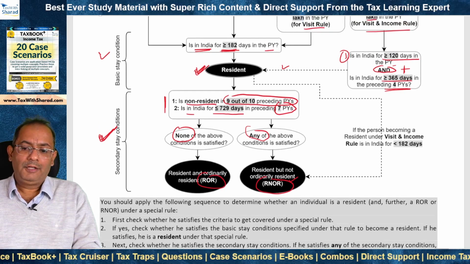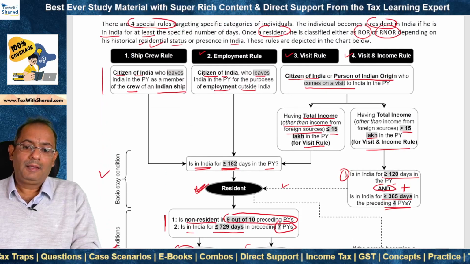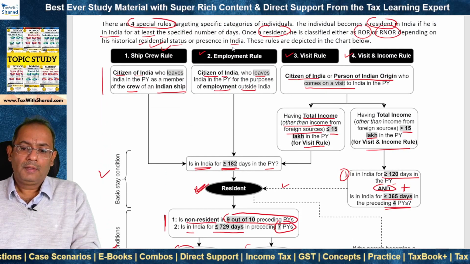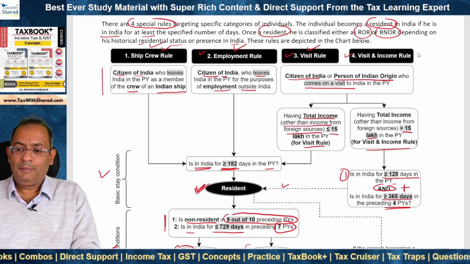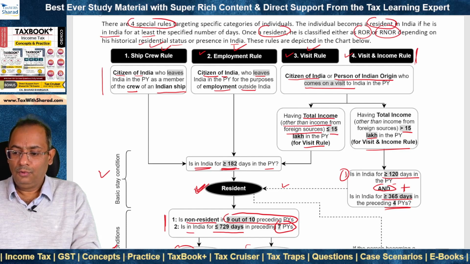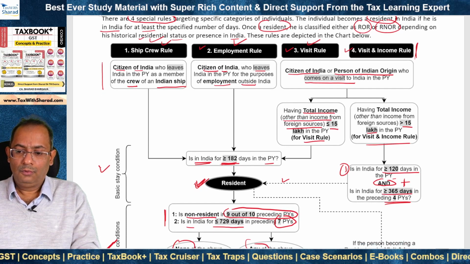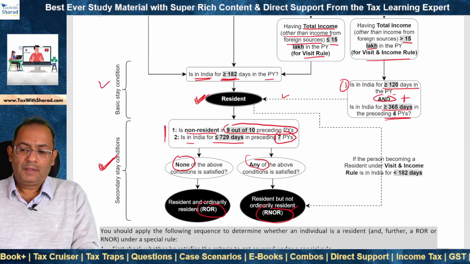However, this classification of a resident as ROR and RNOR is applicable to ship crew rule, employment rule, and visit rule. It is not applicable in the fourth special rule, that is visit and income rule. For visit and income rule, the concept of ROR doesn't apply, right?